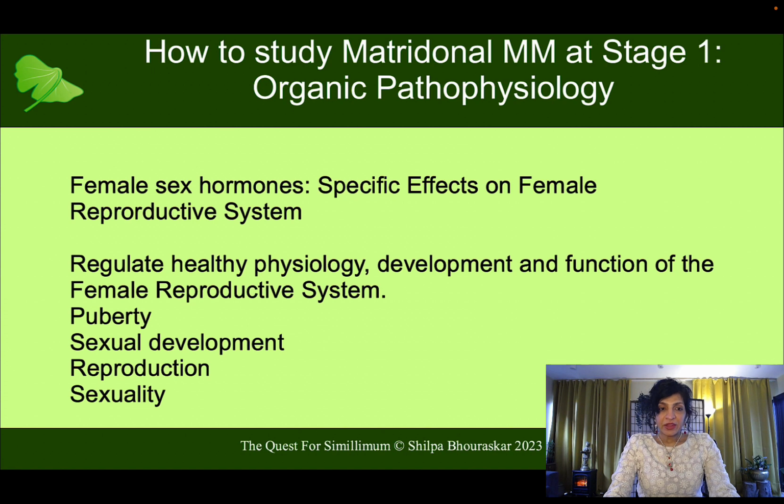What we have is the major function and the major sphere of action is on the reproductive system, where it regulates healthy physiology, development, and function of the female reproductive system from puberty to sexual development to reproduction to sexuality. So this is the spectrum of affinity of these matridonal remedies. When you have a patient with these at stage 1, you have matridonal remedies in your spectrum right there.